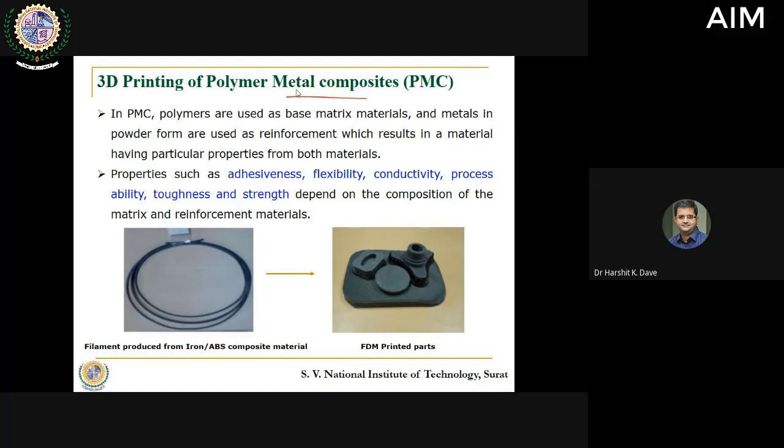So when we create such a composite, we are able to modify or improve properties like adhesiveness, flexibility, conductivity, processability, toughness and strength. And this depends largely on different compositions of this metal powder in the base polymer matrix.